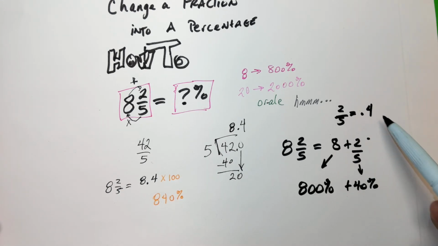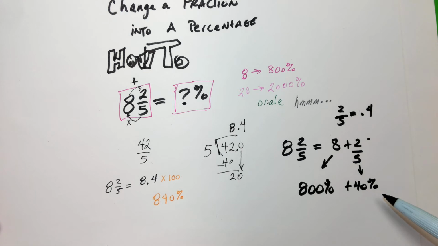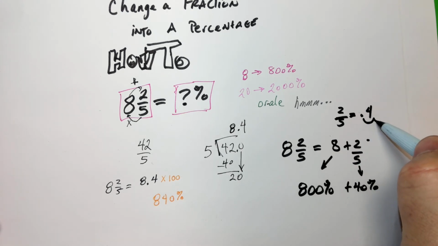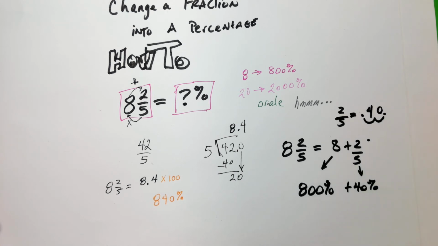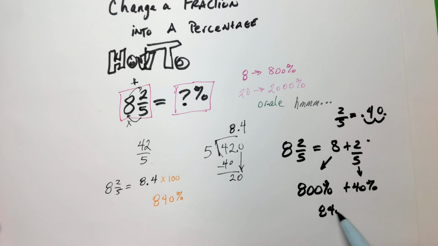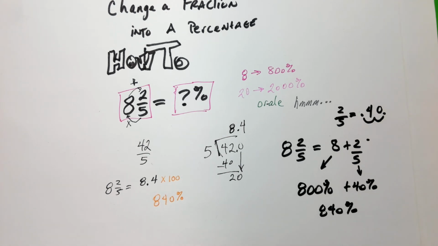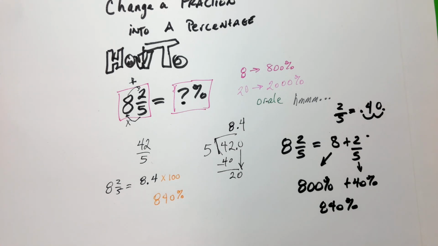Changing 0.4 into a percentage, you'd multiply by 100, or you would move the decimal 2 places, right? And then you add those together, you get 840%. You could do it either way. There's other ways too, but those are probably the two easiest, the least likely to mess up.